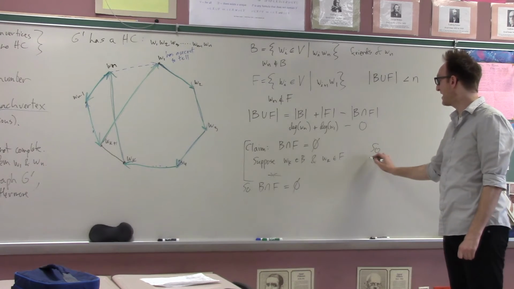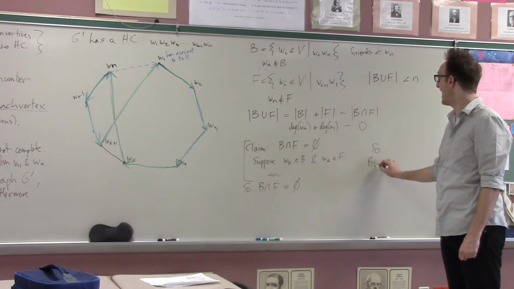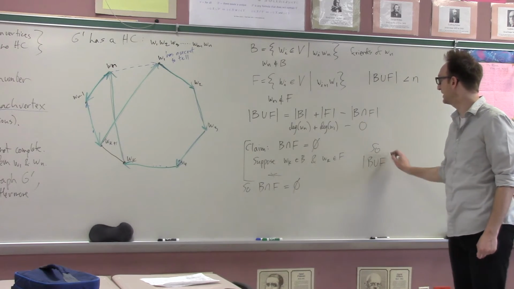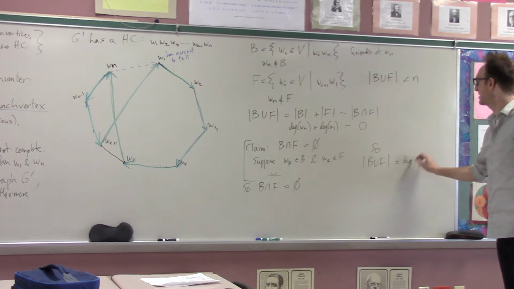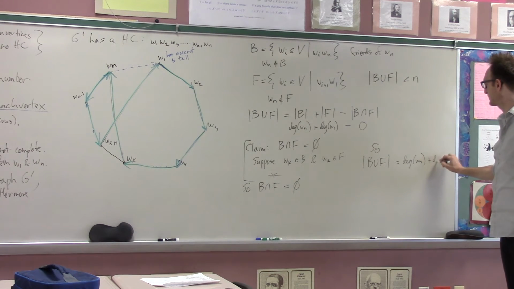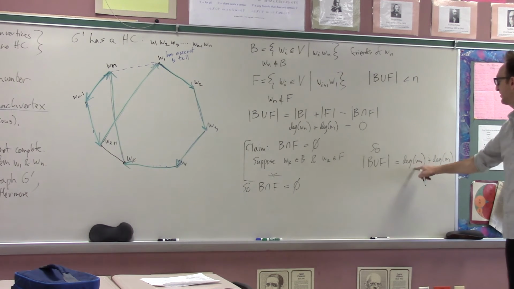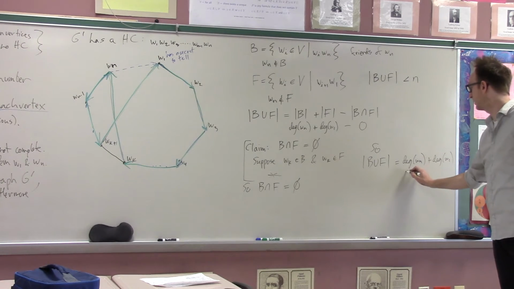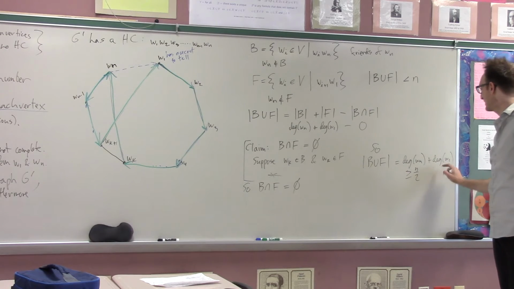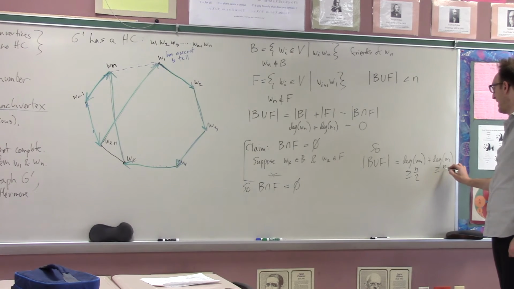So what we have is that B union F has to be equal to the degree of Wn plus the degree of W1. But this I know to be greater than or equal to n over 2, and this I also know to be greater than or equal to n over 2.